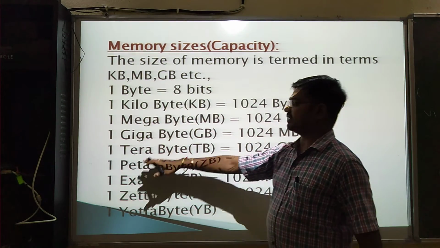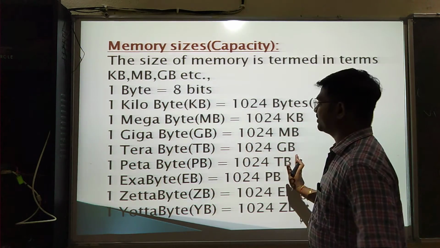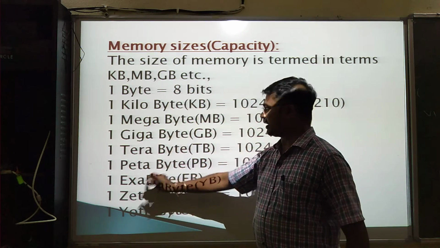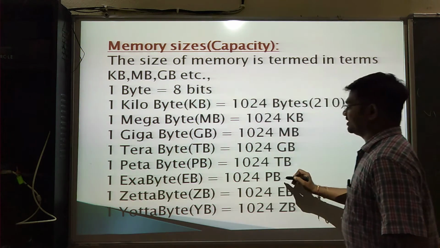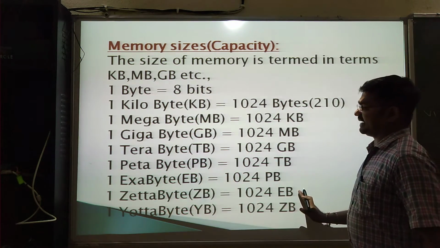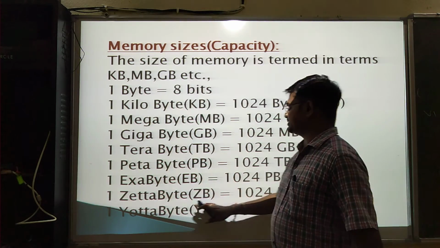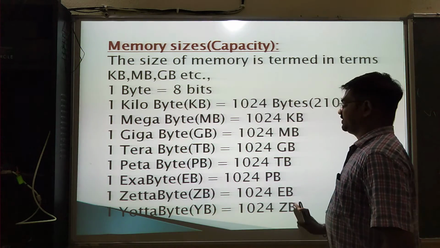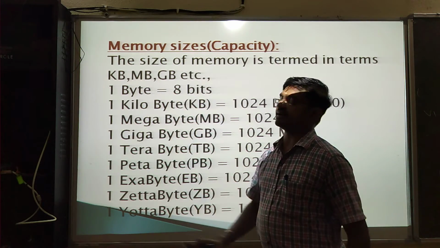1024 GB equal 1 terabyte. 1024 terabytes equal 1 petabyte. 1024 petabytes equal 1 exabyte. 1024 exabytes equal 1 zettabyte, ZB.